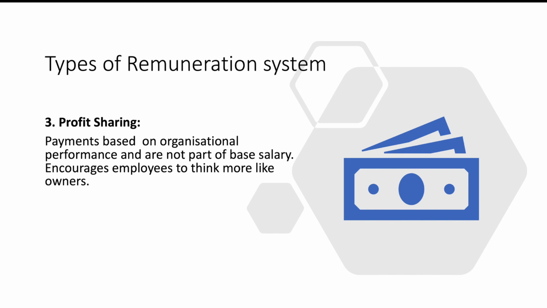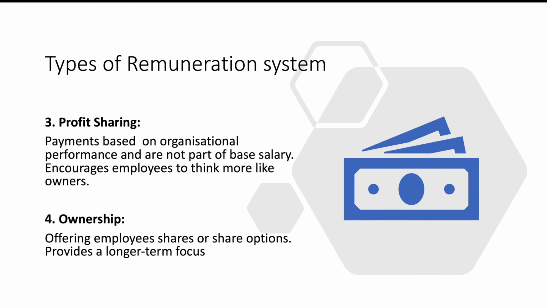So employees will be thinking, if we do everything well, we will get more profits, otherwise we will get less profits or maybe a loss. Ownership: offering employees shares or share options provides a longer term focus so that they do not leave the organization, because they are now owners, or they might have shares or share options.